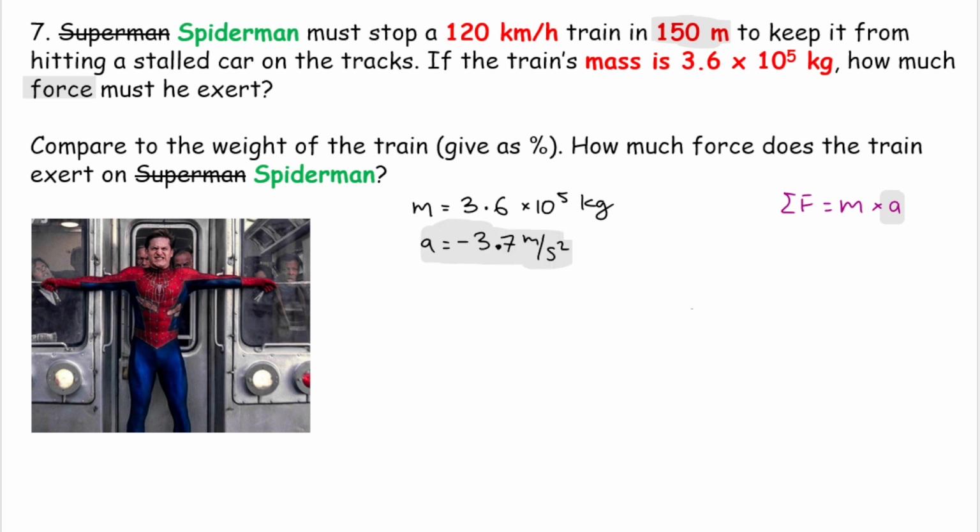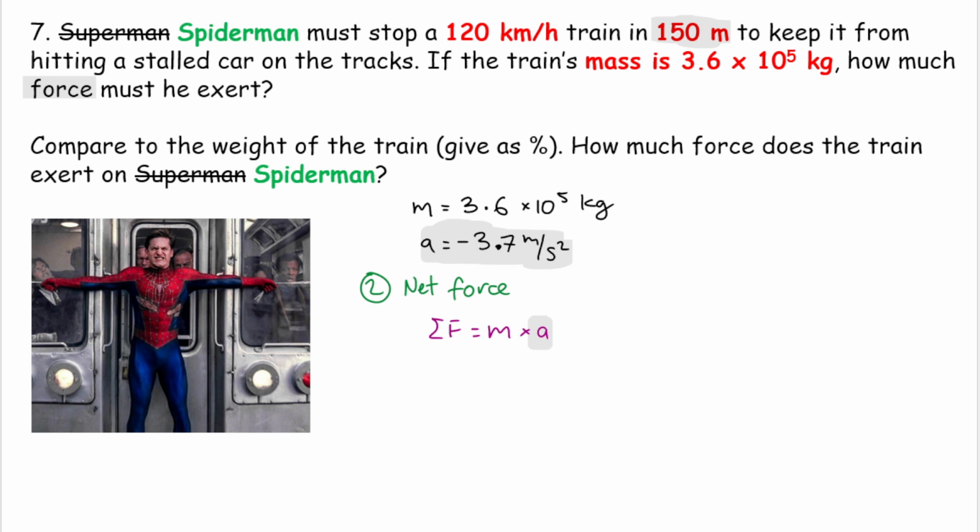Okay, now that we have the mass and acceleration, we can calculate the net force. That is our second step, calculate the net force. Let's get back to this formula here because we already have A, right? Good. What is our m?